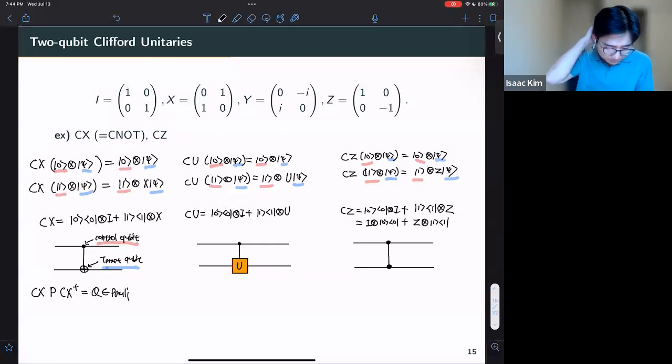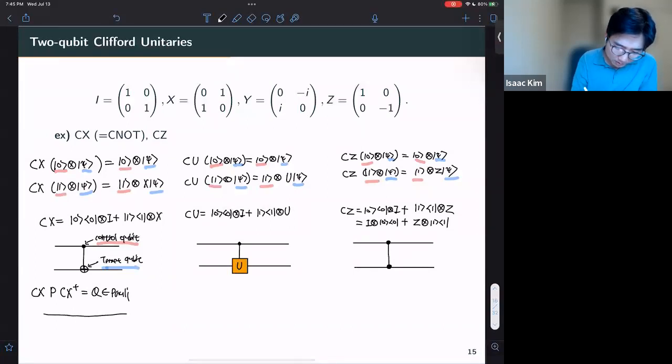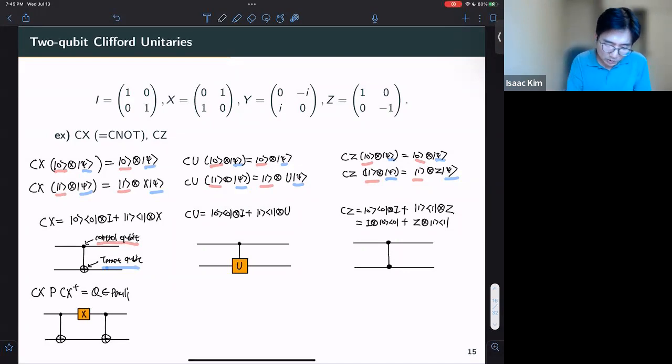So now that I've shown you what the circuit diagrams are, I'm going to try to figure out what this thing is. Okay, so what's in the middle? This is the two-qubit Pauli matrix. It's really a single qubit Pauli matrix acting on this qubit. And I am conjugating that by CX.